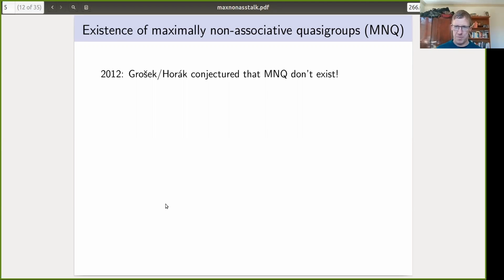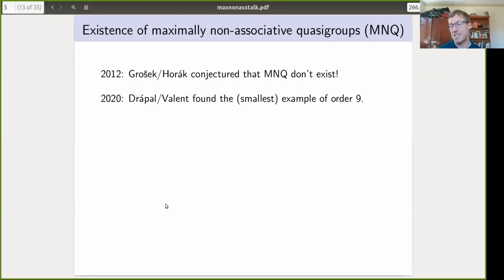So Groszek and Horak were studying these things from a cryptographic point of view, and they actually conjectured they don't exist. So they proved some properties and they got close to achieving the bound, but they didn't manage to achieve it. And they had tried a little bit to achieve it and decided it wasn't possible.